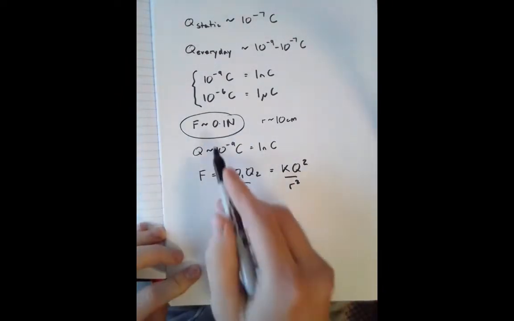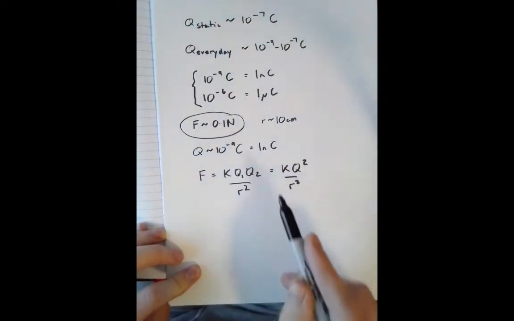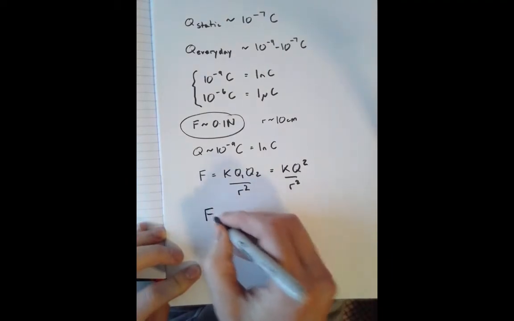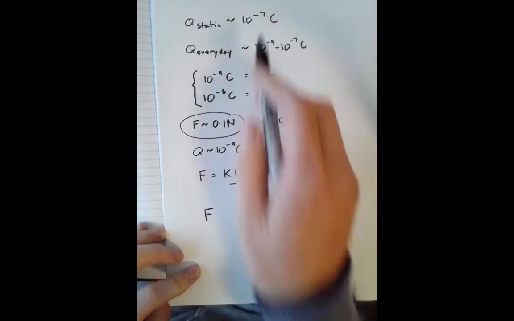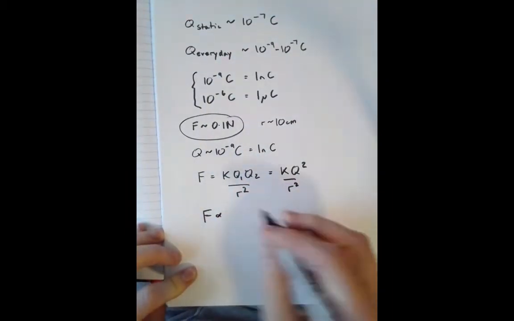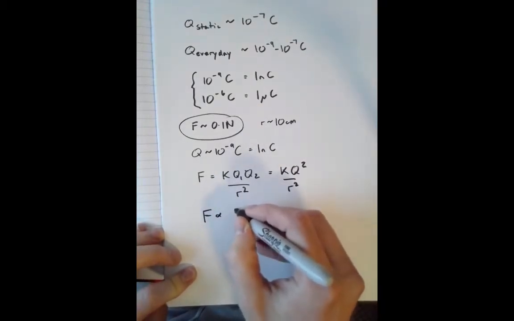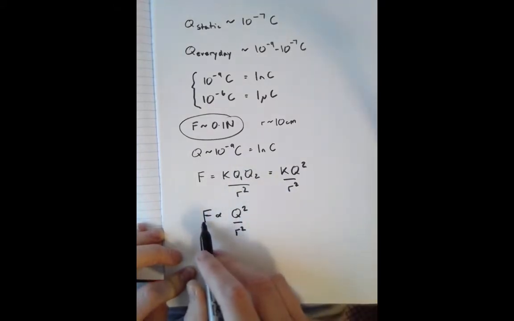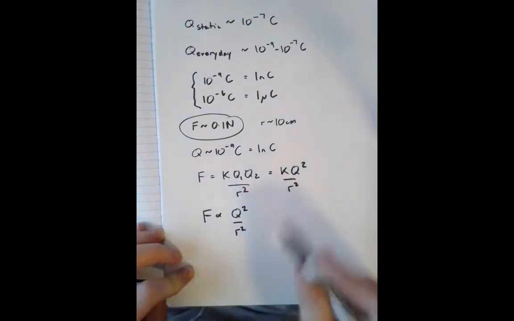newtons, and we know that this was derived with Q equal to 10 to the minus 7 coulombs and r equal to 10 centimeters. Now, if we just want to change Q from 10 to the minus 7 to 10 to the minus 9, or 1 nanocoulomb, we don't have to go through and plug in all the numbers again. Right, we just need to know the dependence of the force on Q, and it depends on Q squared if the two charges are the same.